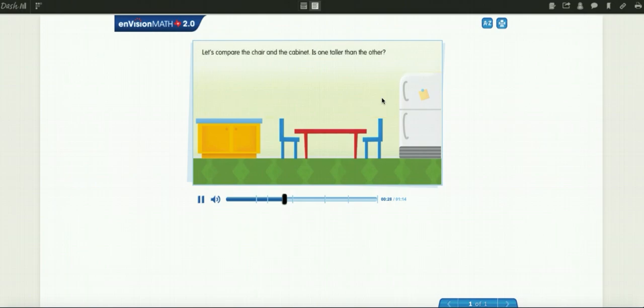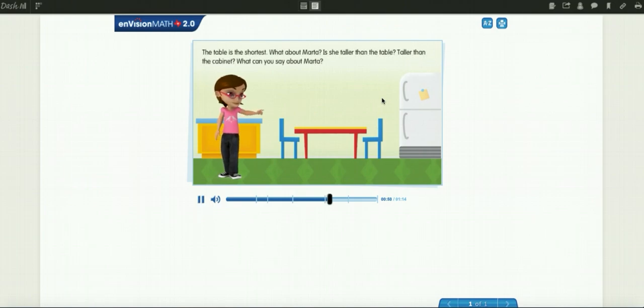Let's compare the chair and the cabinet. Is one taller than the other? The cabinet is not higher than the chair. The chair is not higher than the cabinet. They are the same height. Let's compare other objects in the kitchen. Which object is the shortest? The table is the shortest.